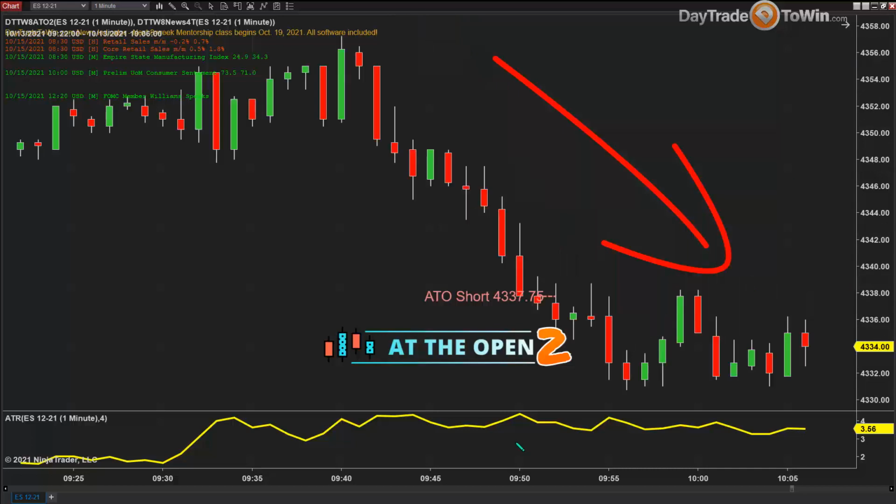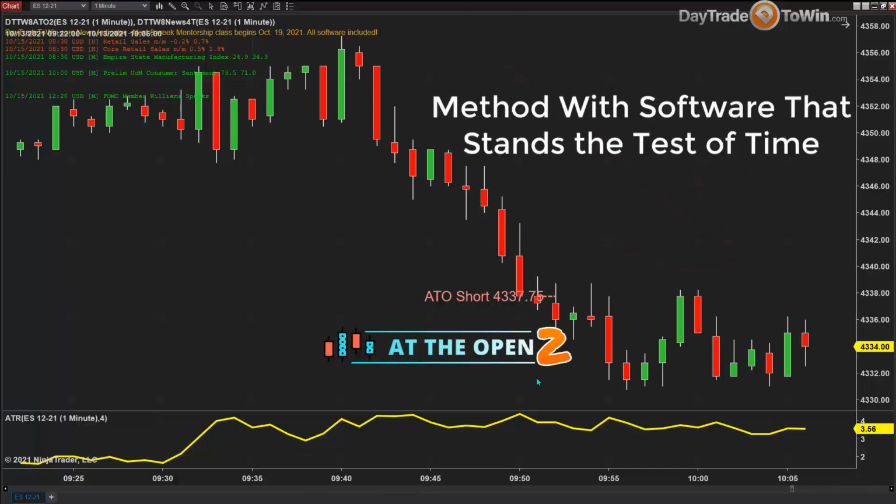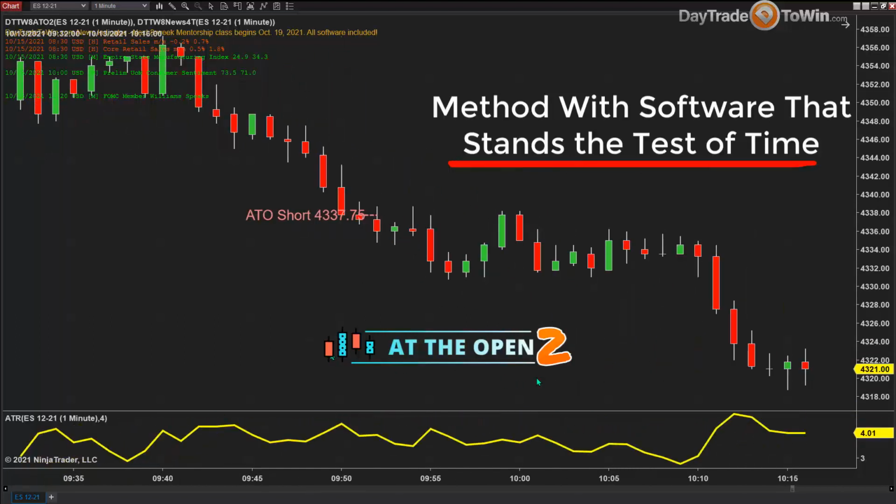So remember, the idea is the market starts to wake up, starts to trade long or short. We take advantage of that power that the traders are pushing in one direction or another. And I'd like to say that the at the open method, as one of the first courses introduced by Day Trade to Win, has been around for over 12, 13, 14 years at least, and is still working without any type of modification.